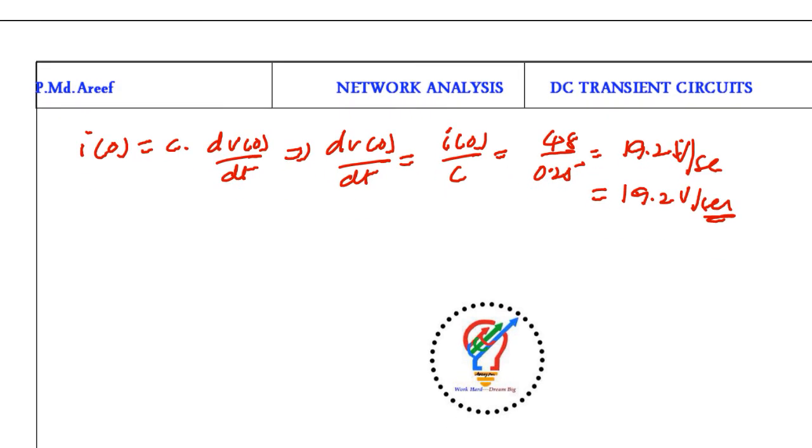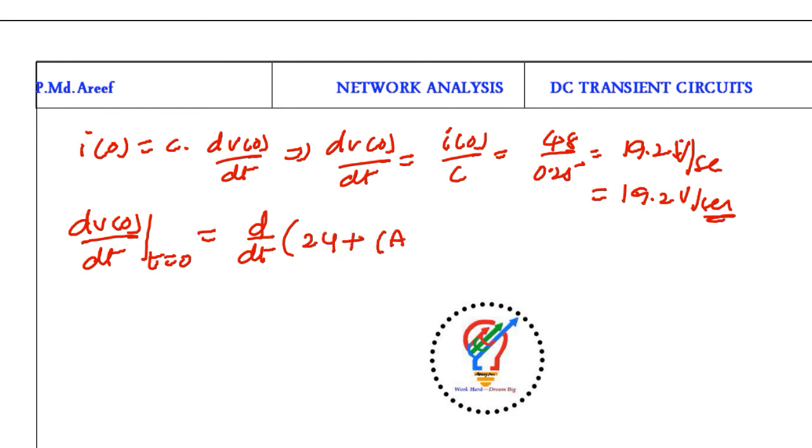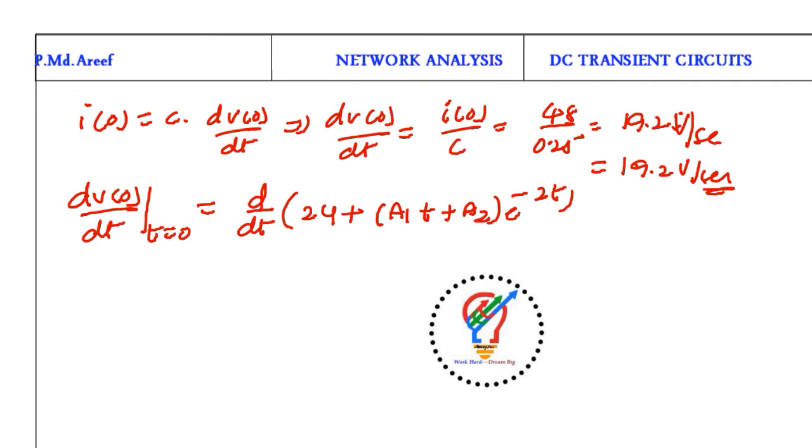So dv of 0 by dt at t is equal to 0, we substitute here. The equation is 24 plus a1 into t plus a2 into e power minus 2 into t. Differentiating this equation, you will get 0 plus a1 into 1 plus a2 terms, with e power minus 0.